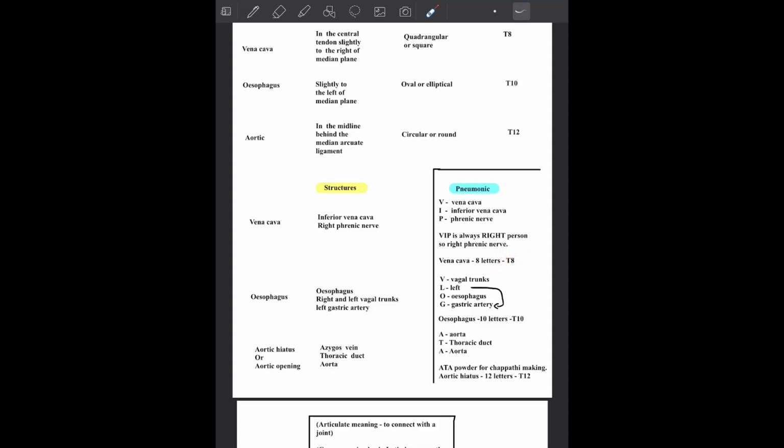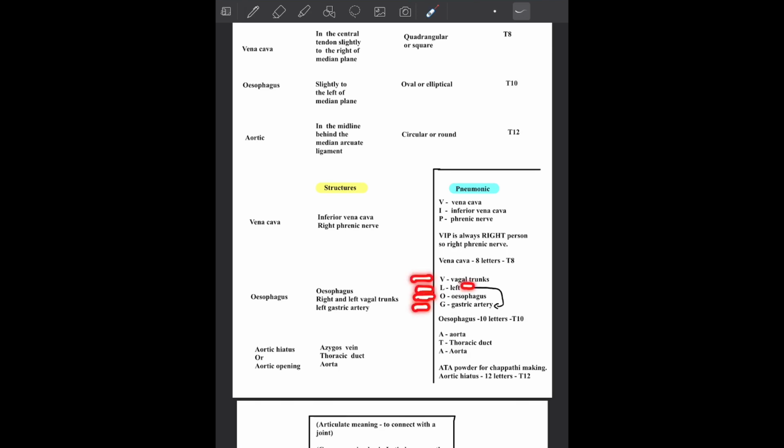So next, esophagus. I created a mnemonic for that also. The mnemonic is VLOG. V stands for vagal trunks, right and left vagal trunk, L stands for left, O stands for esophagus, and G stands for gastric artery.